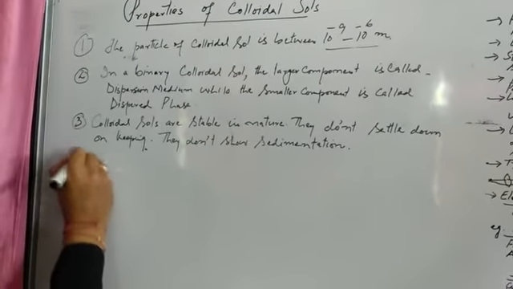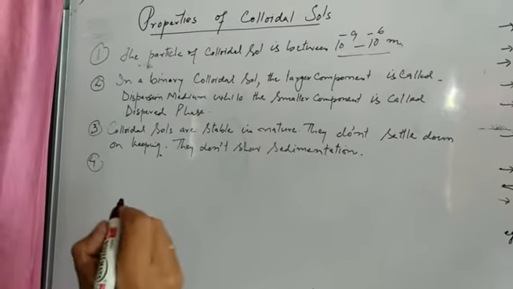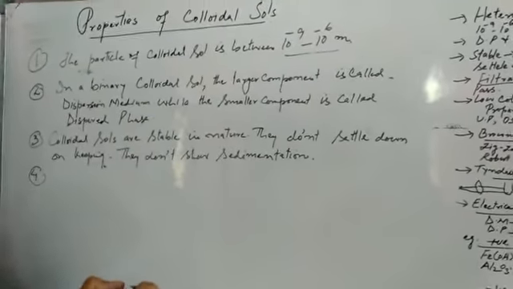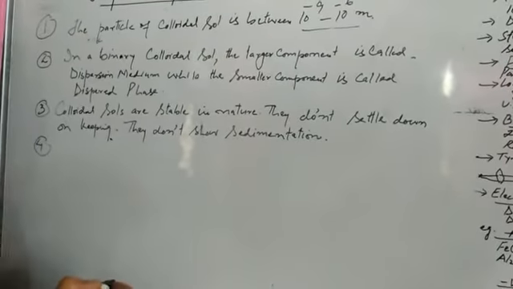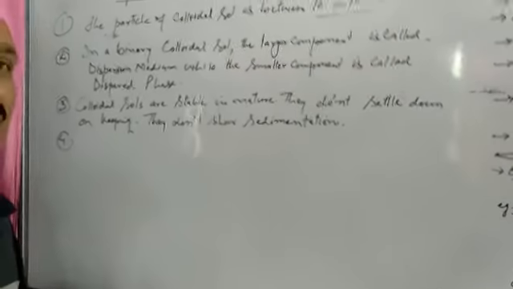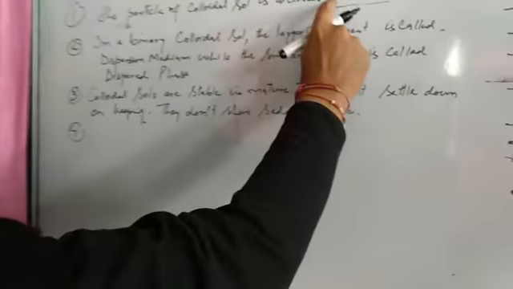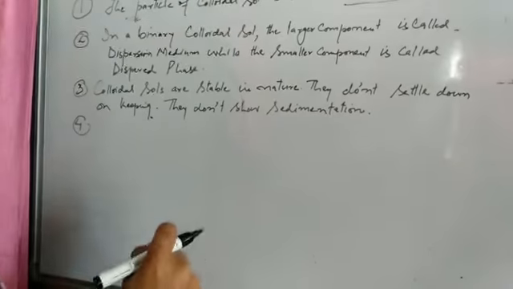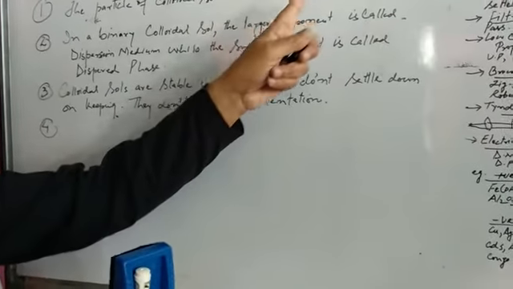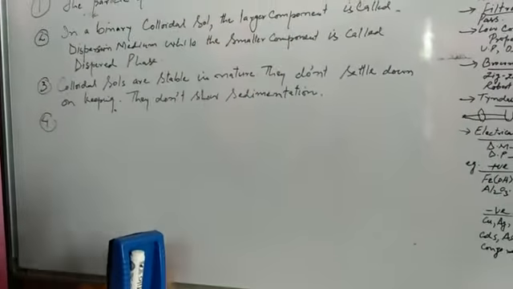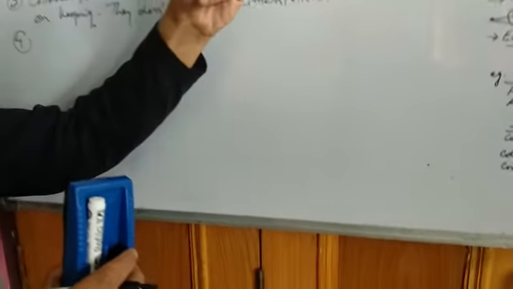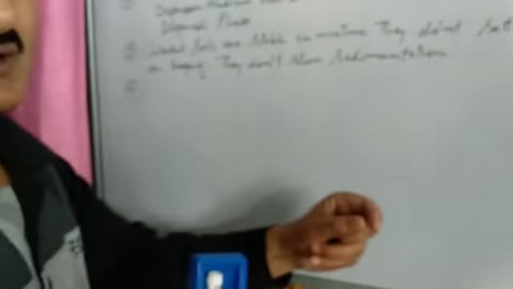Then coming to another property of these colloidal solutions, if a colloidal solution is passed through a filter paper, the question is whether it can pass through the filter paper or not. It all depends upon the particle size. Since the particle size of colloidal solution ranges between 10 raised to power minus 9 to 10 raised to power minus 6 meter, these solutions can easily pass through a filter paper.